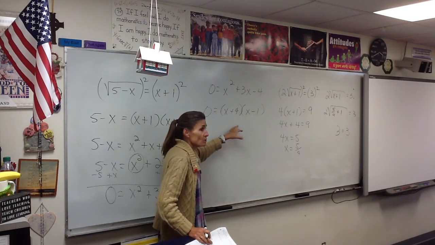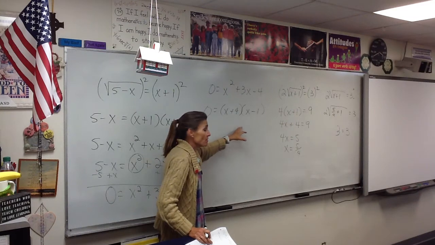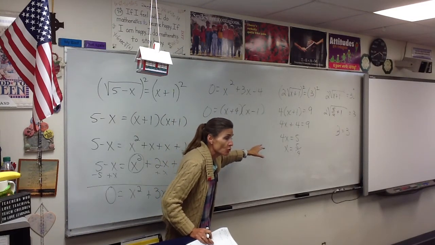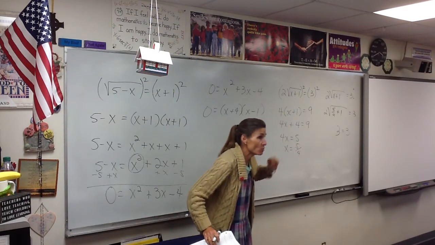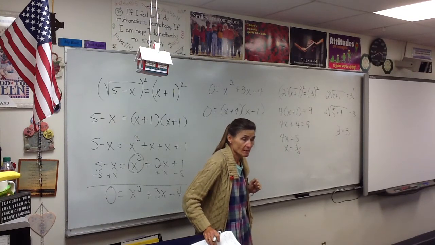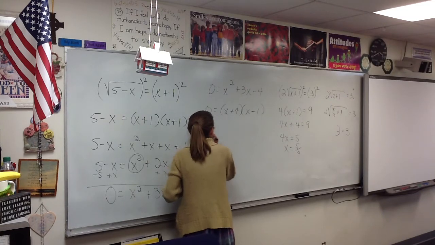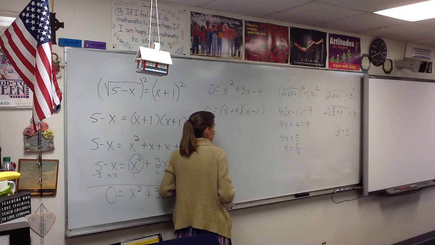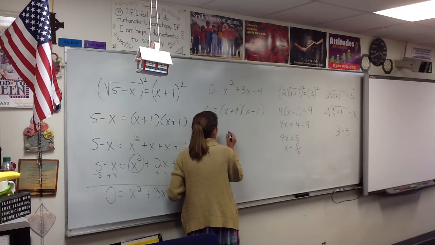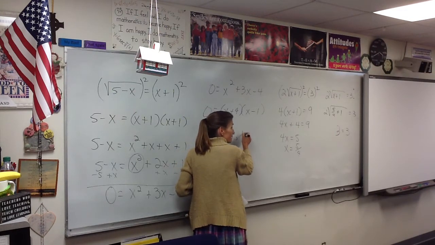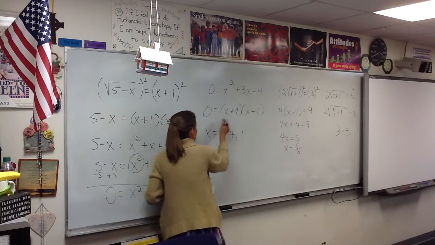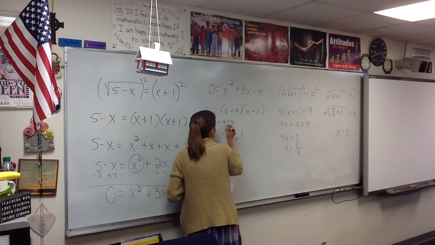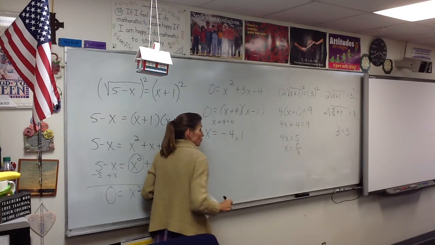If that confuses you, then you're not going to do it that way. You're going to use the quadratic formula because everybody knows that and can use it real easily. I get 2 answers. What are the 2 answers I get? Negative 4 and 1. Remember, you're going to set these equal to 0 and solve. So that's how we get negative 4 and 1.